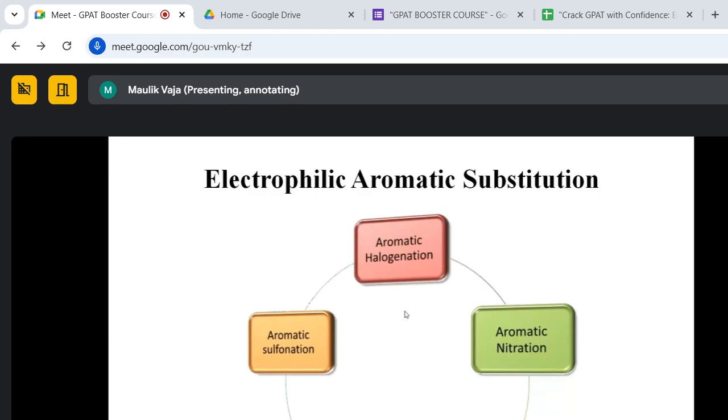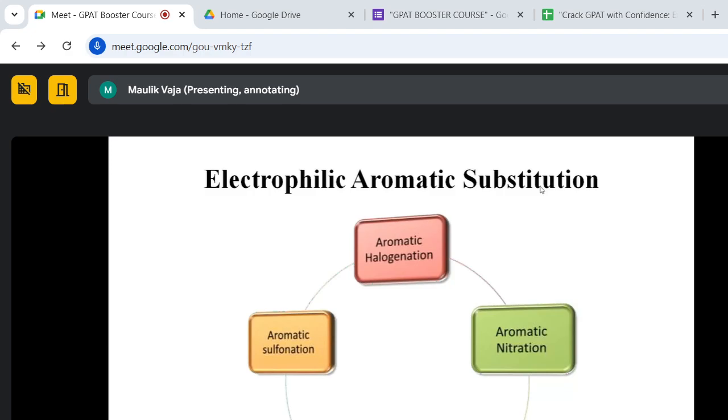It is mainly of 5 types: aromatic halogenation, nitration, Friedel-Crafts alkylation, Friedel-Crafts acylation, and sulfonation. We will learn these 5 reactions and which kind of questions they will ask in GPAT.